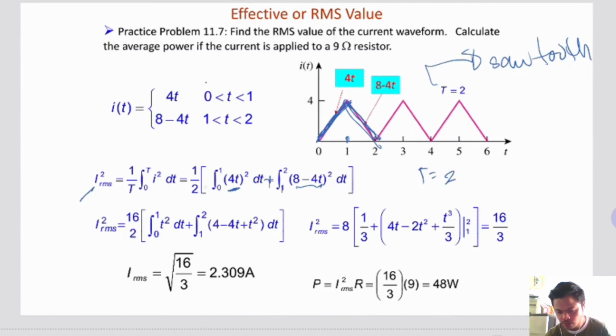So our IRMS is equivalent to 2.3 amperes. Therefore the average power can be computed as I squared RMS times R, which gives us 48 watts.